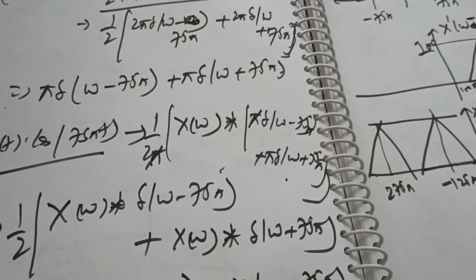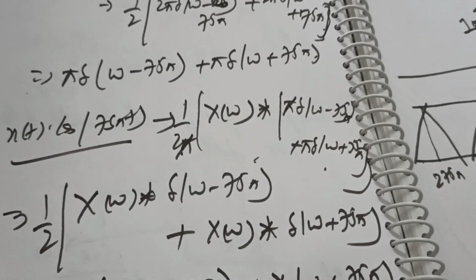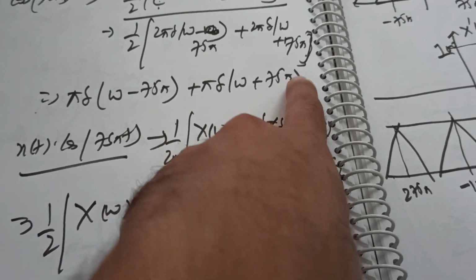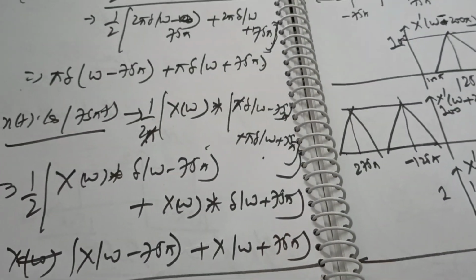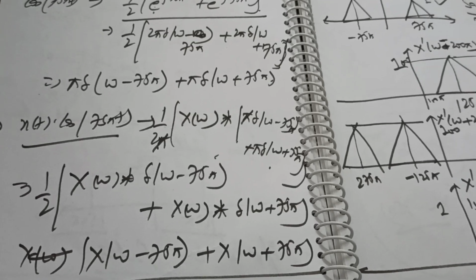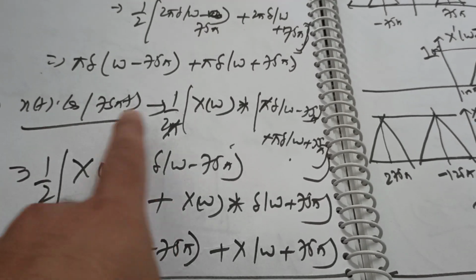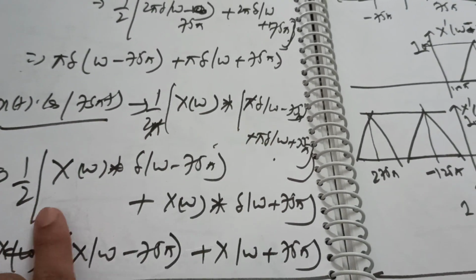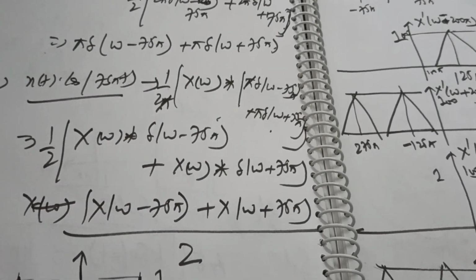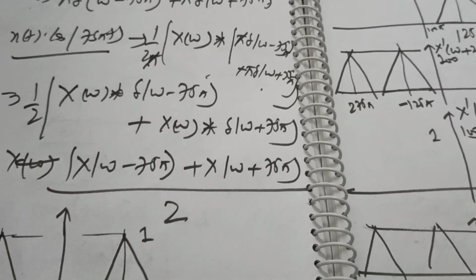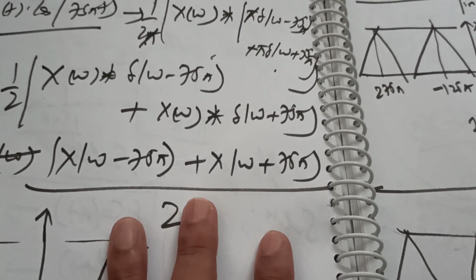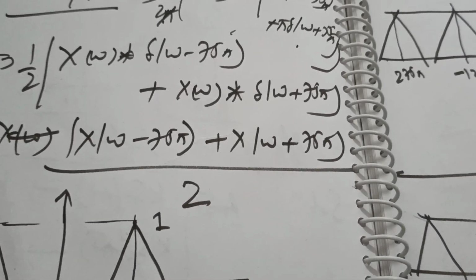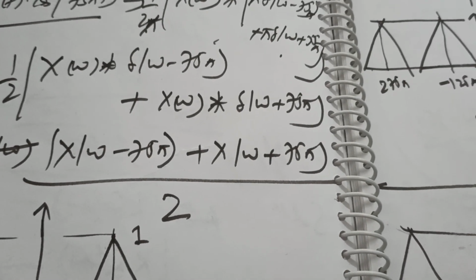Now I will express this as pi delta omega minus 75 pi plus pi delta omega plus 75 pi. This is multiplication in time, so there has to be 1 by 2 pi times the convolution. The 2 pi cancels out, so half of x of omega minus 75 pi plus x of omega plus 75 pi is what we obtain. It means that the frequency component x of omega has to be shifted by 75 pi in each direction.